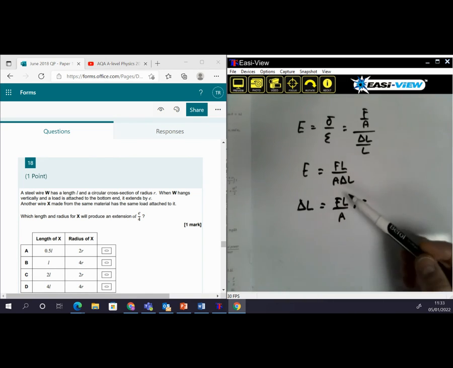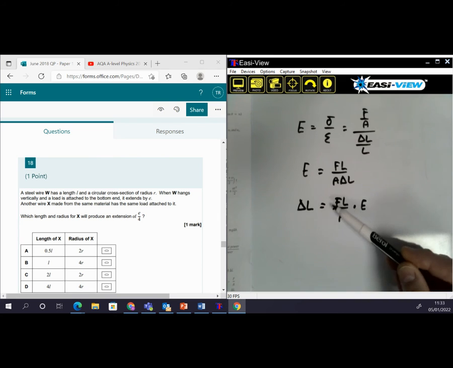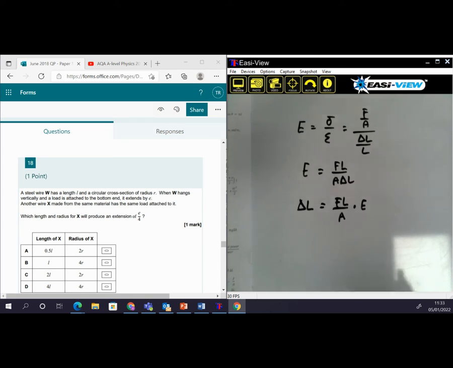So the extension is proportional to the force, proportional to the length, and inversely proportional to the area. But bear in mind that the area, if it's a cross-sectional area for a circle, which is the case here, will be varying with r squared.